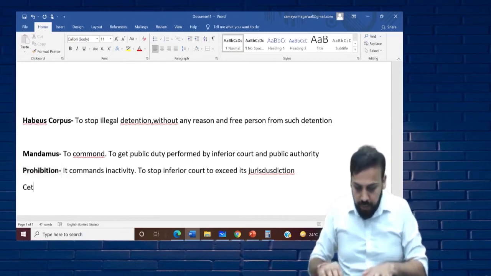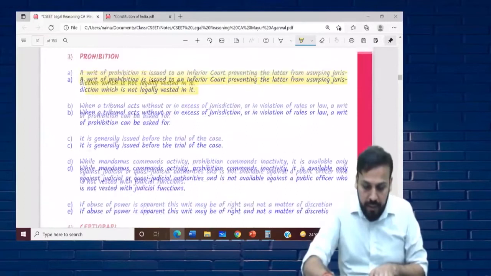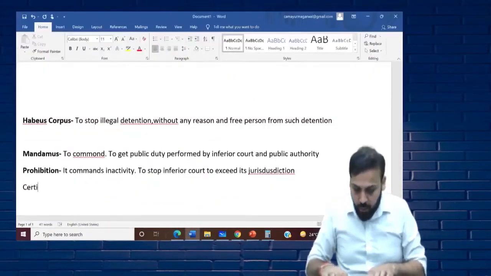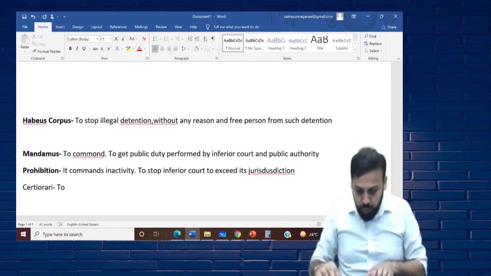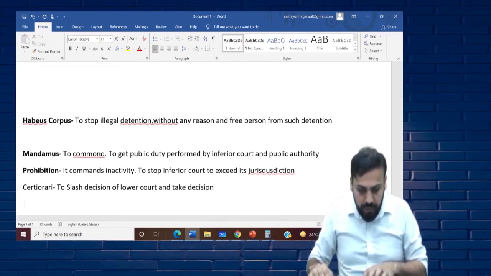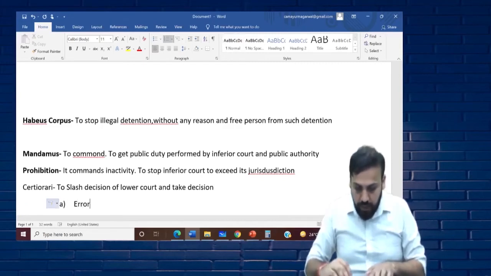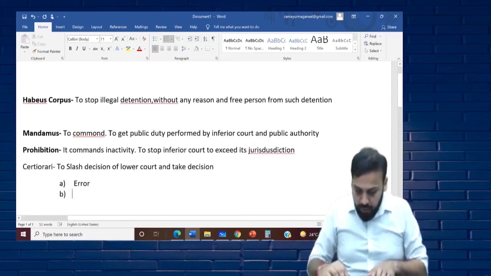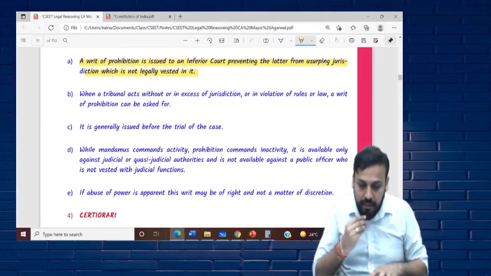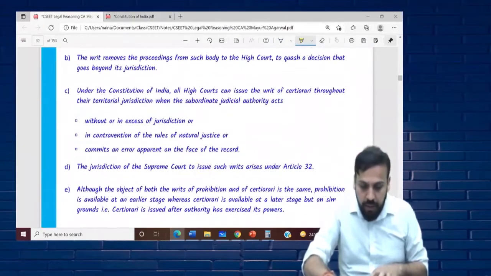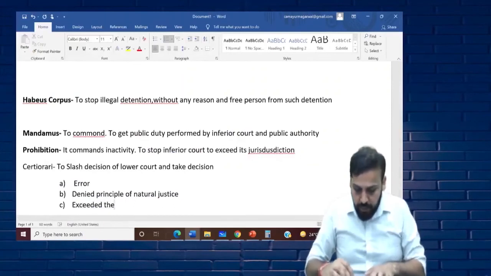Now what is certiorari? Certiorari is to quash the decision of a lower court and take a decision, because of the following reasons: there is an apparent, clear error, or they denied the principle of natural justice, or they have exceeded their jurisdiction.